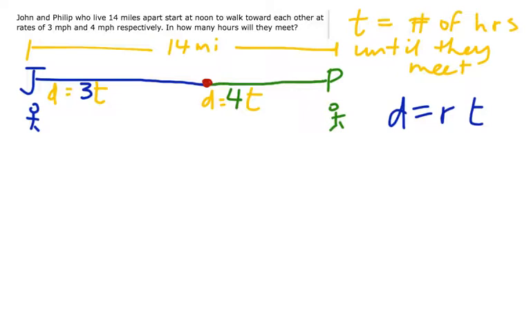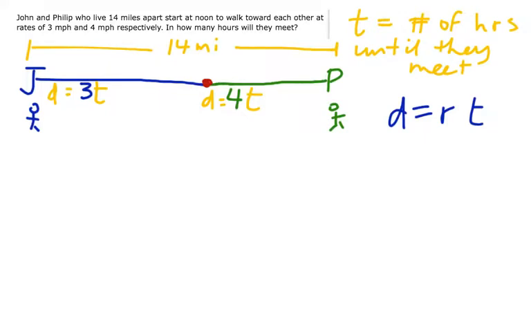Okay, where were we? So now we're just going to add together the distance that John walked and the distance that Philip walked, and set it equal to the 14 miles that they started off apart from each other.